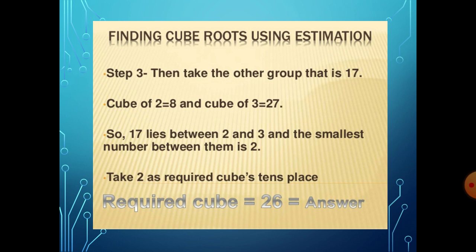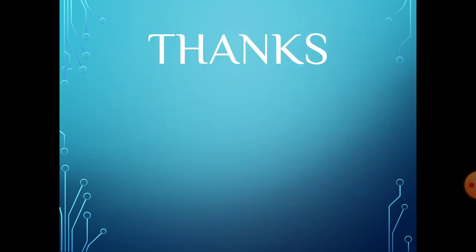Cube of 2 is 8, cube of 3 is 27. 27 is greater, we cannot take 27, it means we cannot take 3. So the number is between 2 and 3, so we will take 2, and 6 is already in the unit place, that's why the required cube root is 26. In this way you can find the cube root by estimation also.